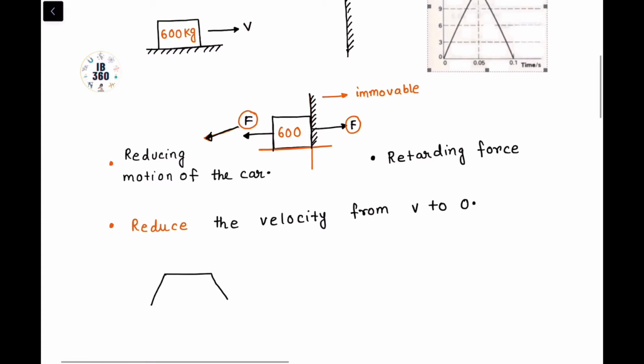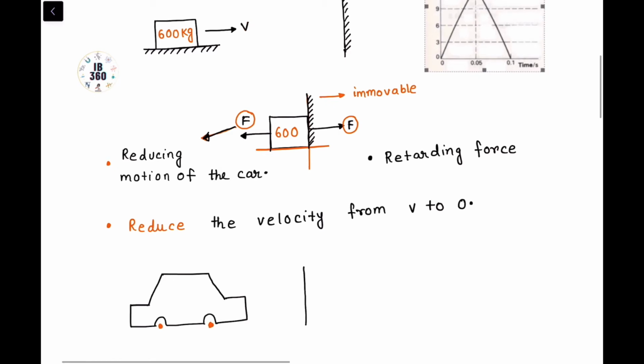Suppose this is a car, like in this manner. Modern cars are designed so that they try to absorb the energy on collision. Suppose this is the modern car and this is the wall.